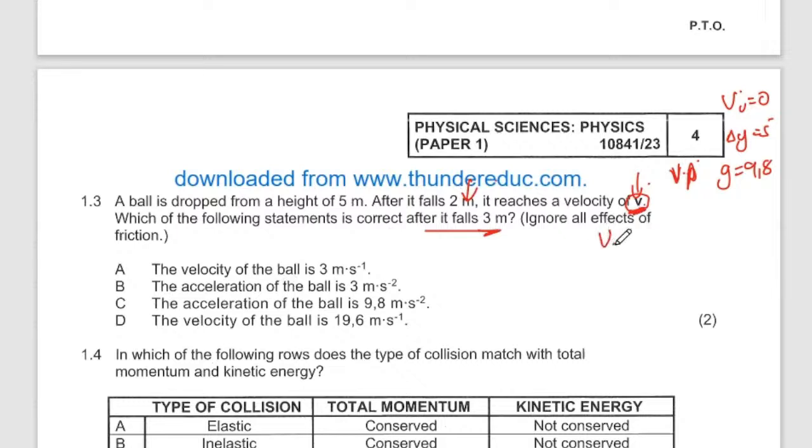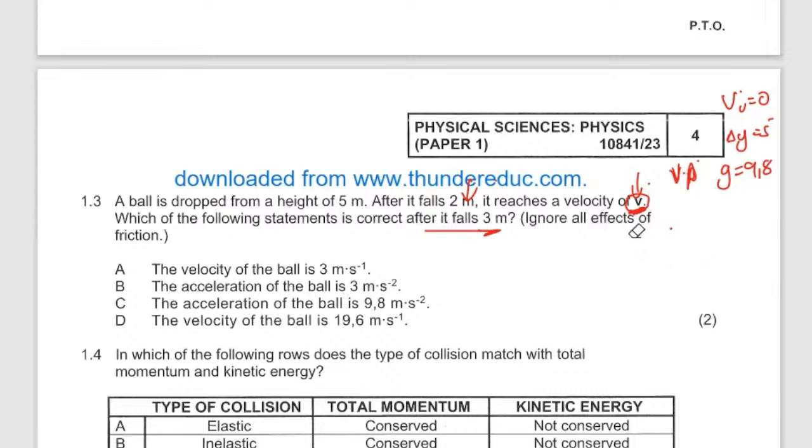If I use VF equals VI plus at, or gt, VF is what I'm looking for. Initially 0 plus 9.8. But this doesn't have time, so it's not going to make sense. There's no time involved.